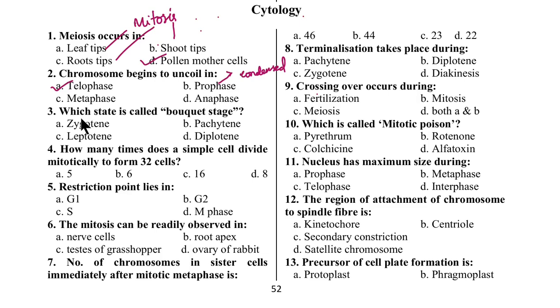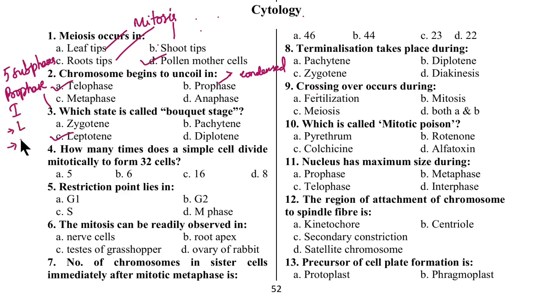And the third question here is: which stage is called the bouquet stage? Our answer will obviously be leptotene. There are 5 sub-phases in prophase I, and the first sub-phase is leptotene, where the bouquet stage takes place.